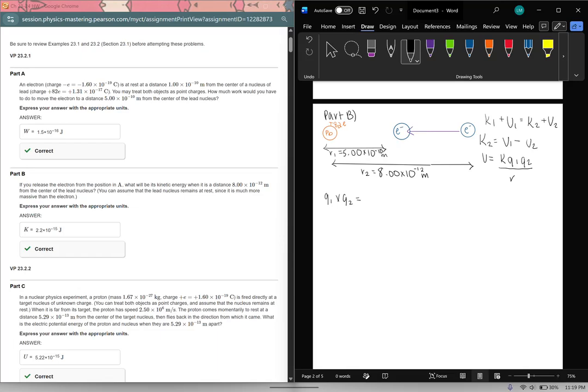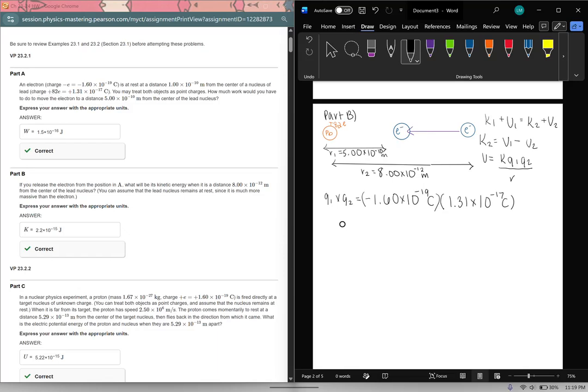That was Q1. Let me write that down. And then multiply that by 1.31 times 10 to the power of 17 coulombs, which is also given here. Right here it says the charge is plus 82e, which is the lead.